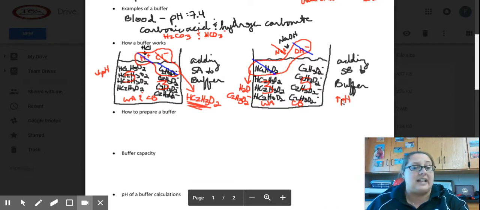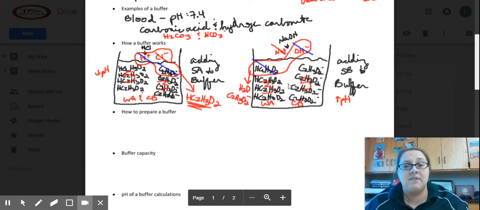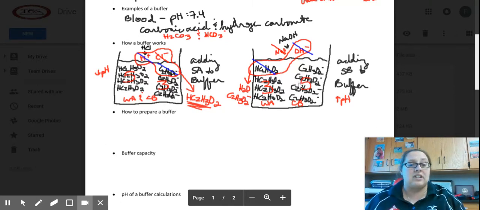Is it going to be a drastic change? No, because that's the purpose of a buffer. It resists the change in pH. It's not allowing this OH to be floating around in solution and therefore increase my pH drastically. It's only going to be a small increase because I have more conjugate base than weak acid present here now. Here, my pH went down a smidge because I have more weak acid than conjugate base present. So this is how a buffer works.